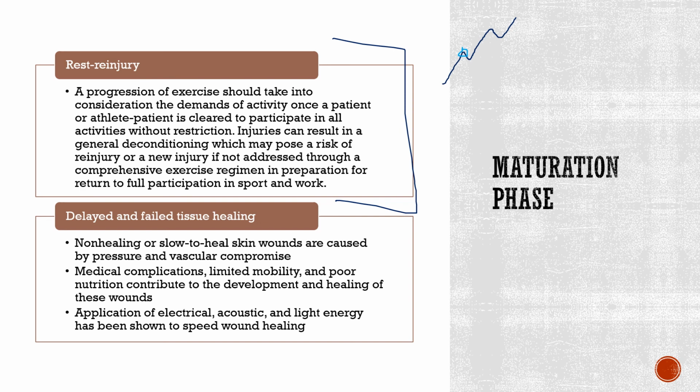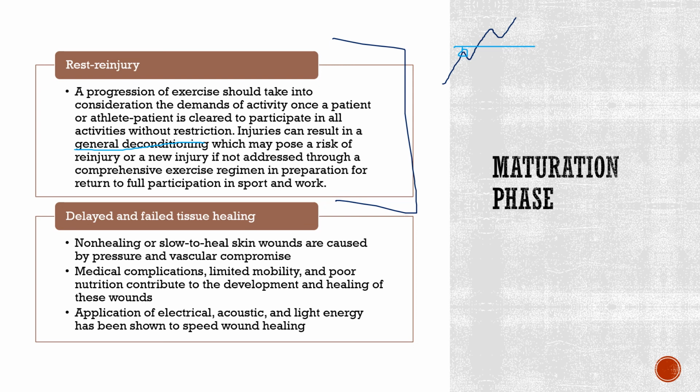Also, at that point in time, we have to remember that if we don't have normal functional level as far as conditioning, we have the potential for injury to occur as well. So that's why if we have general deconditioning, we have that increased risk of injury. So it's important that we're maintaining that throughout.